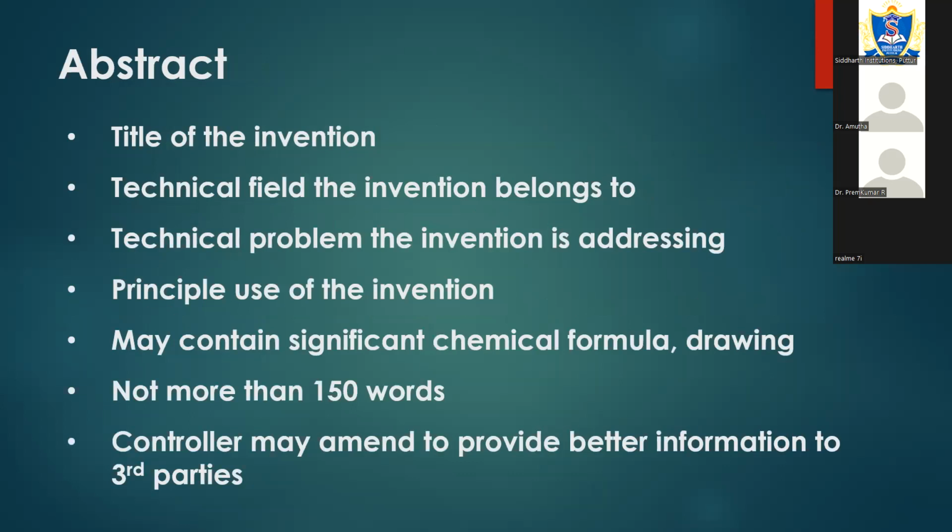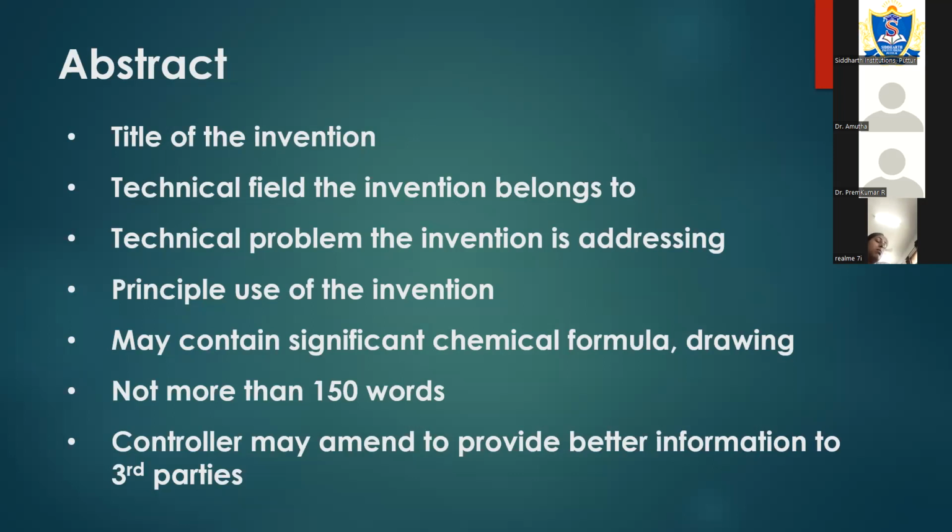Next will be your abstract part. Apart from the specifications, you should have an abstract. Why is there an abstract? Because it is for official use in the Indian Patent Office. They need to classify all your applications, and they cannot go through the entire specifications.